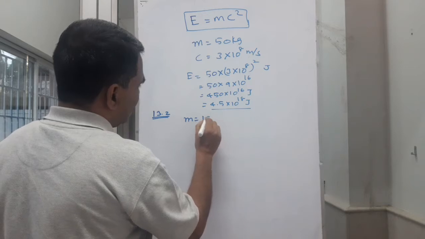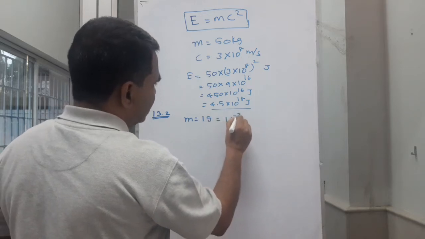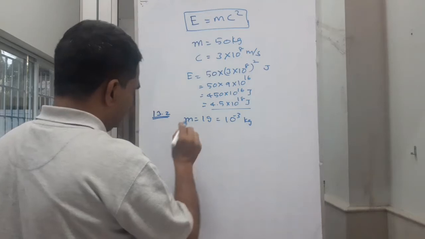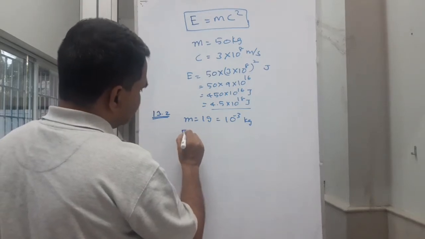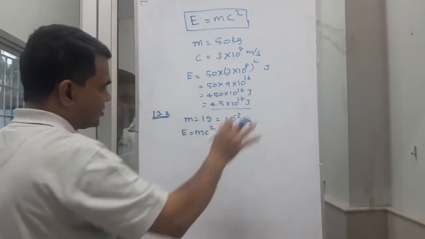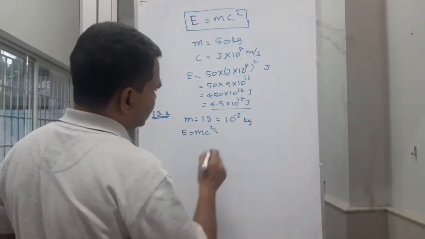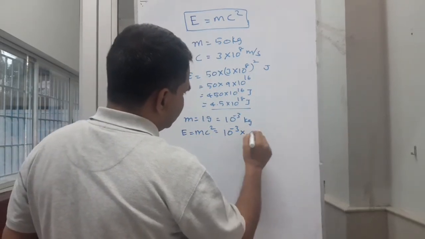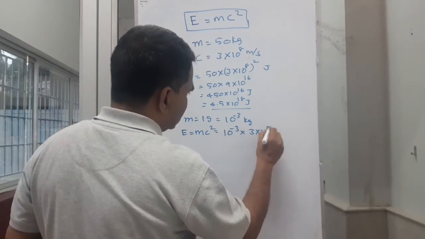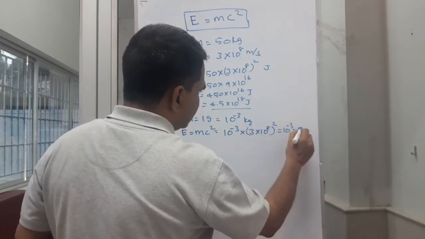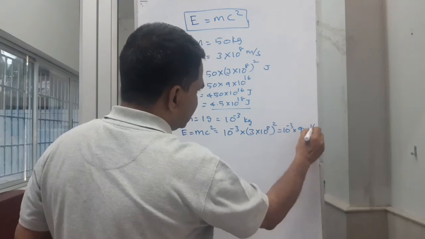Mass is equal to 1 gram or 10 power minus 3 kg. Then energy is equal to mc squared. So if we make this vanish completely and get energy out of it, then m is 10 power minus 3, and c is 3 into 10 power 8, the whole square. So 10 power minus 3 times 9 into 10 power 16.